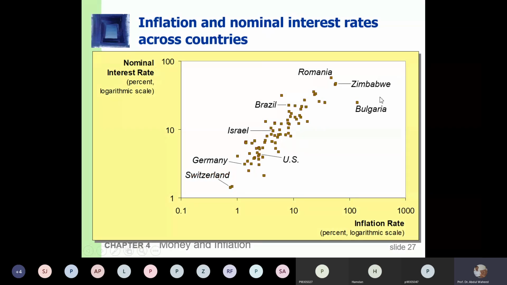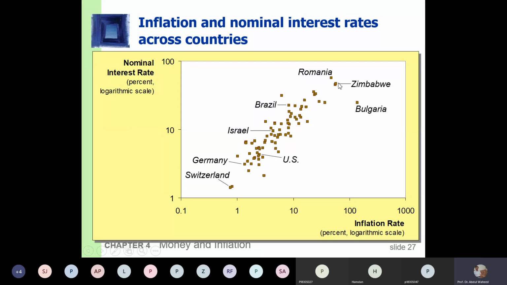And here is the graph which shows the relationship between the inflation rate and the nominal interest rate. You can see that when the inflation rate is high, for example in Romania, Bulgaria, and Zimbabwe, the nominal interest rate is also high. And when the inflation rate is low, like in Switzerland and Germany, the nominal interest rate is also low.